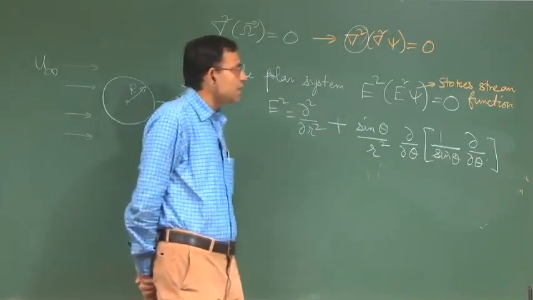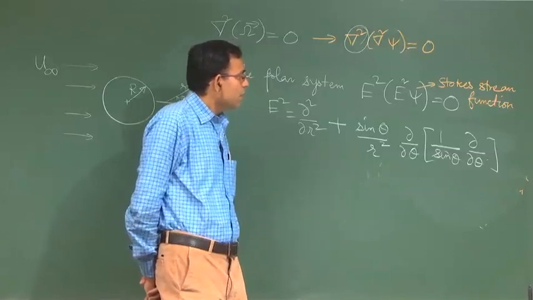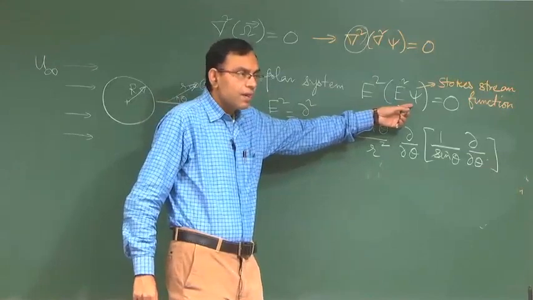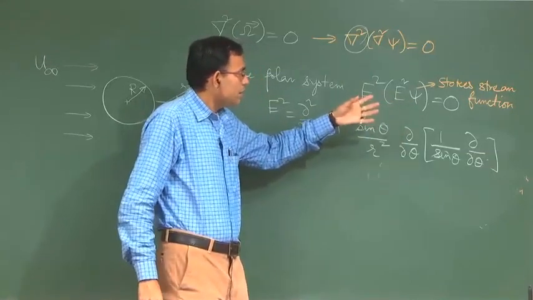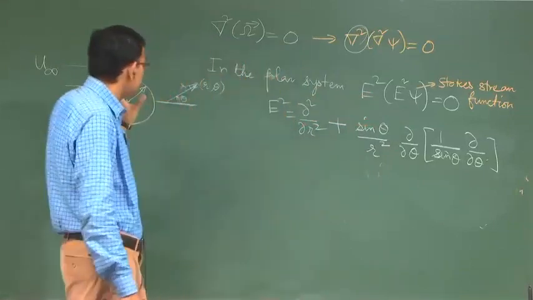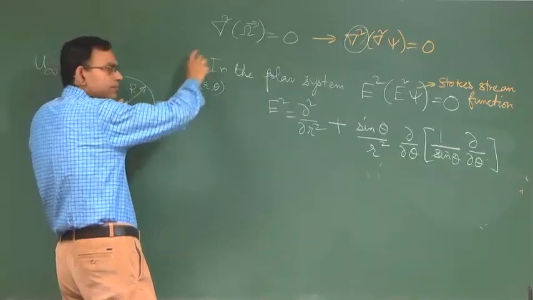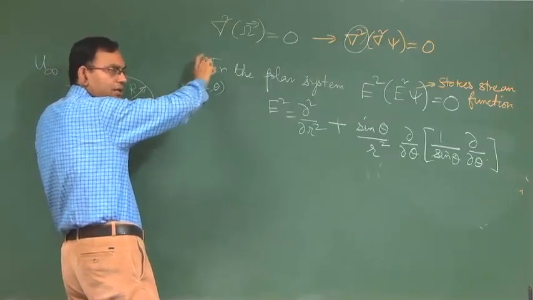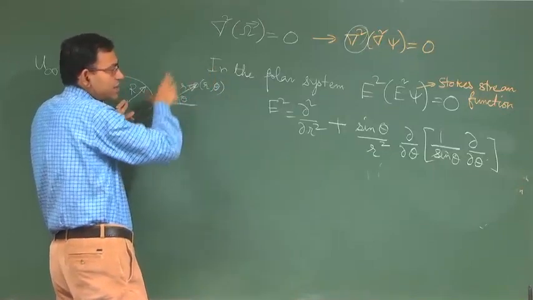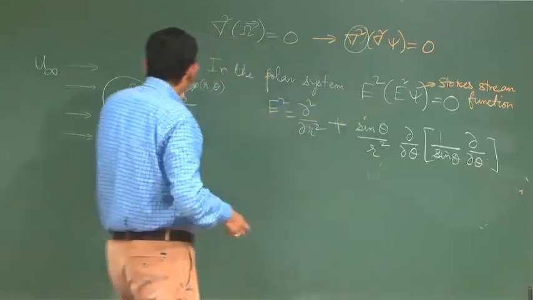Now a very interesting scenario is that once you know the expression for psi far away from the sphere, that can give you a guess of what is the form of psi as you come close to the sphere.